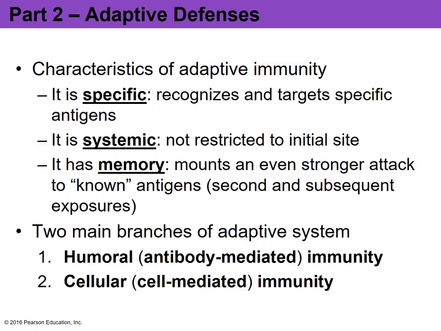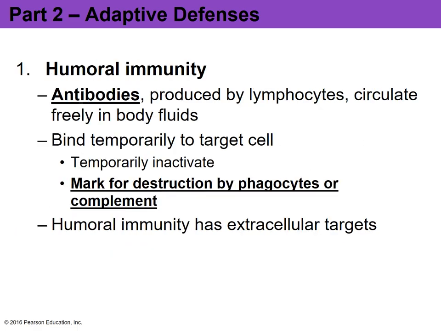There are two branches or two subcomponents of the adaptive immune system. There is the humoral, which is also known as the antibody mediated, and then there's the cellular immunity. Humoral immunity involves the production of antibodies. Once they're produced, these antibodies circulate in the blood, interstitial fluid, etc. They bind to their target, the antigen, that foreign substance, and can inactivate it.